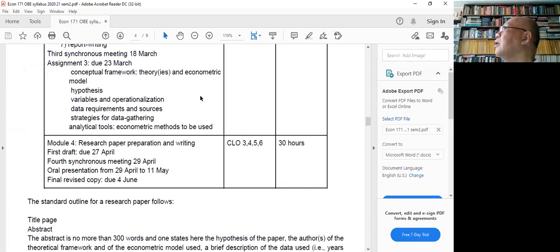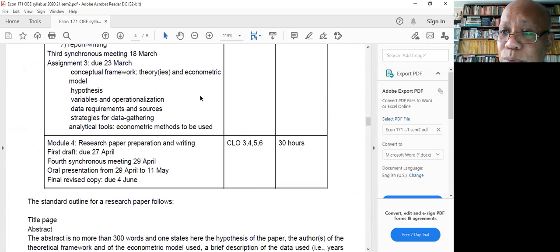Now, among other things, it says here strategies for data gathering. And usually, strategies for data gathering will involve a long discussion if you generated your own data. If you are going to implement a survey, what the survey questionnaire is, how will you obtain your survey responses and the like, okay?